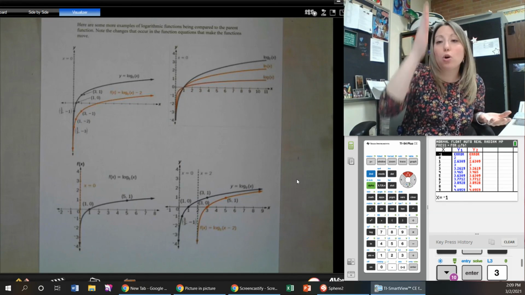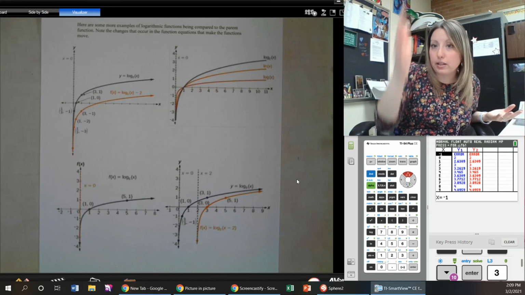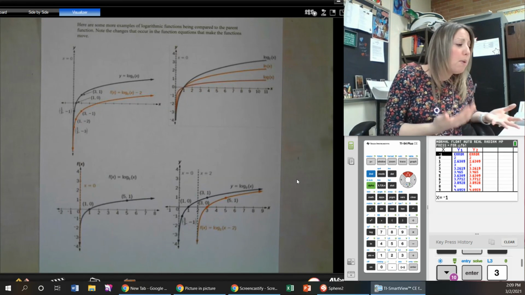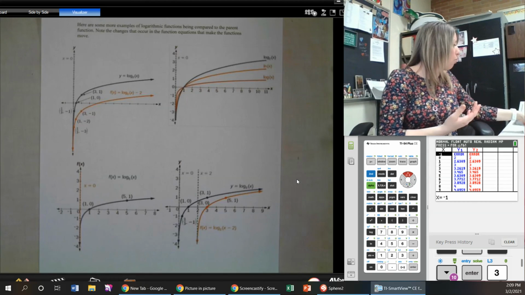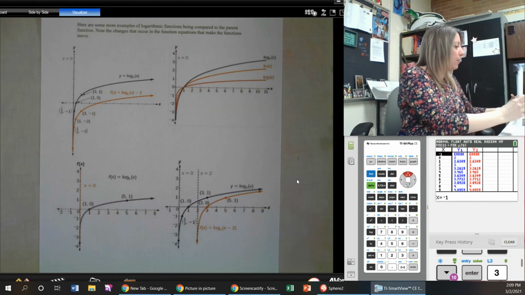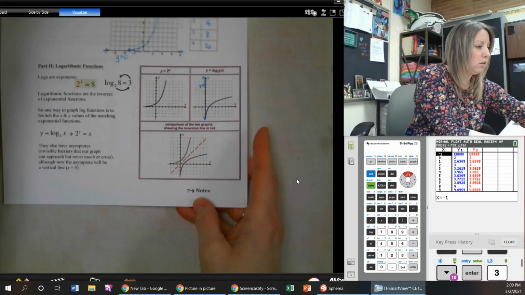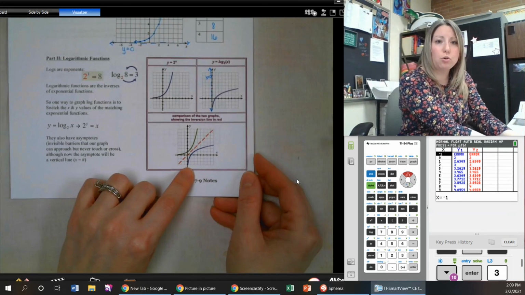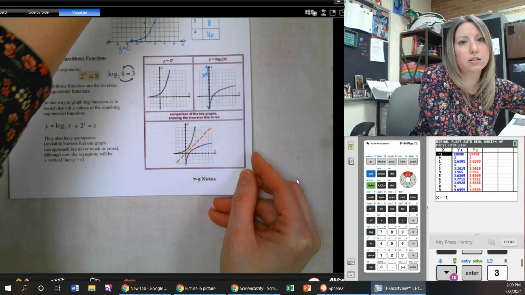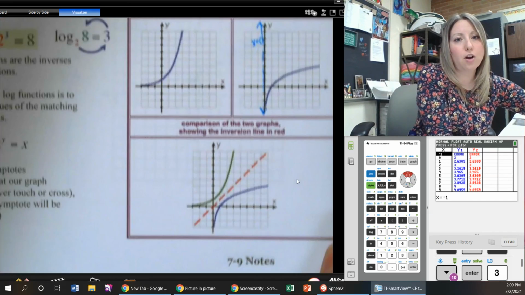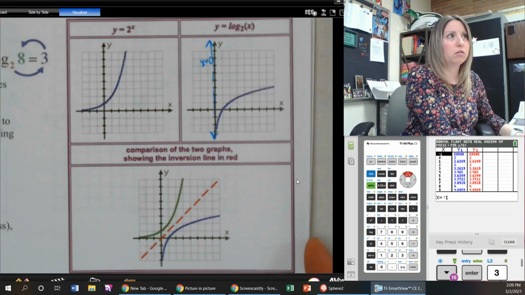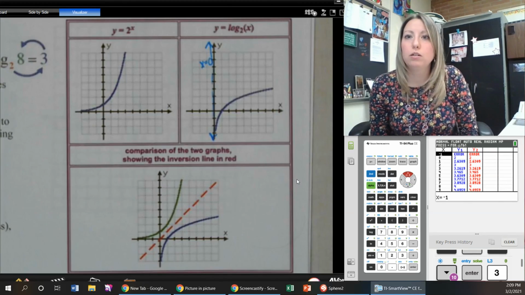Okay, so your asymptotes for logarithmic functions are always x equals. Remember, this is just the inverse of your exponentials. So this is a flip of your x's and y's in your exponential functions. Okay, that's what's going on here.